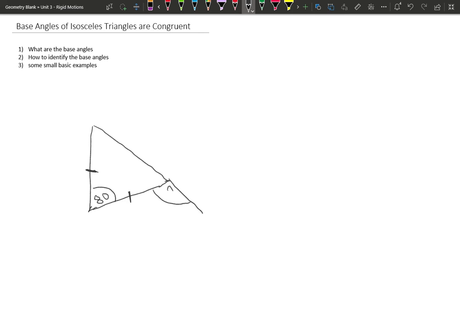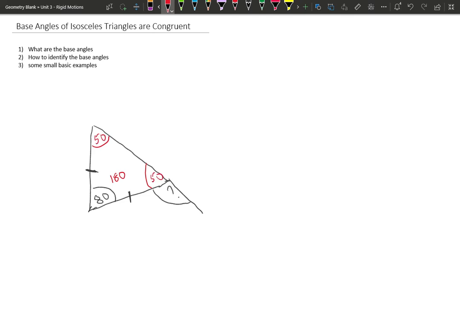Well, how much is this angle out here? There are a number of ways to do this, but let's just stick to the main point I'm trying to create here. If this is 80, and the sum of the angles in the triangle must be 180, then that 80 subtracted away from this 180 is 100, but these two angles are congruent, so the 100 must be split between those, so that means each one of these is 50.